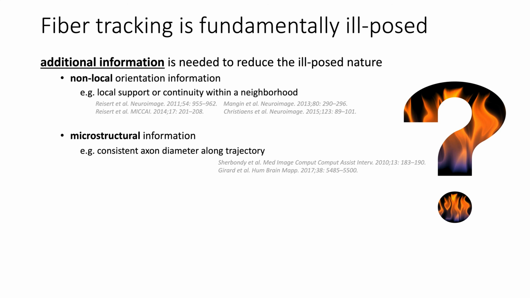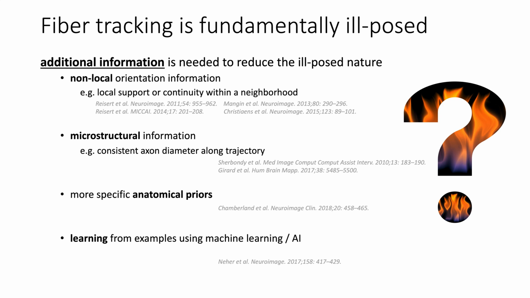It can be microstructural information, for example by tracking fiber populations with similar axon diameter or other microstructural properties. It can take the form of better anatomical priors learned from histology and anatomy, or maybe even priors tuned for specific fiber bundles. And finally, it can mean that we will have to resort to machine learning and AI and learn from many examples in order to overcome this challenge.